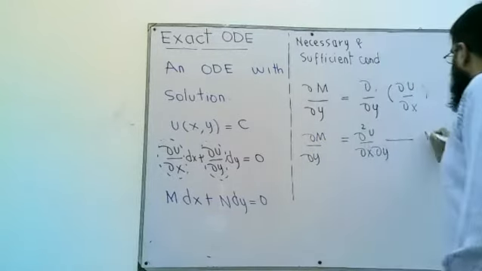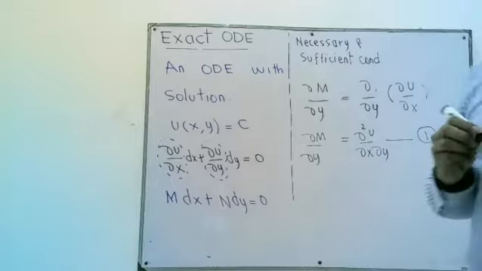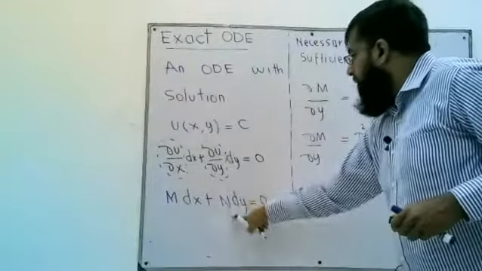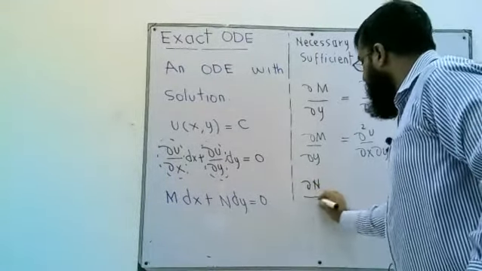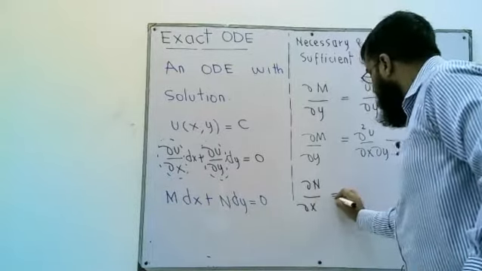Let's call it equation number 1. Given N equal to partial u over partial y, let's differentiate it with respect to x.